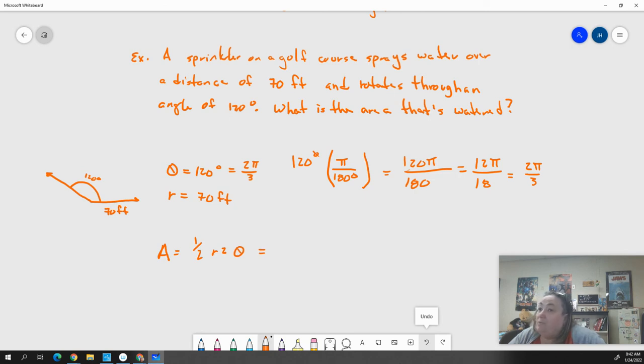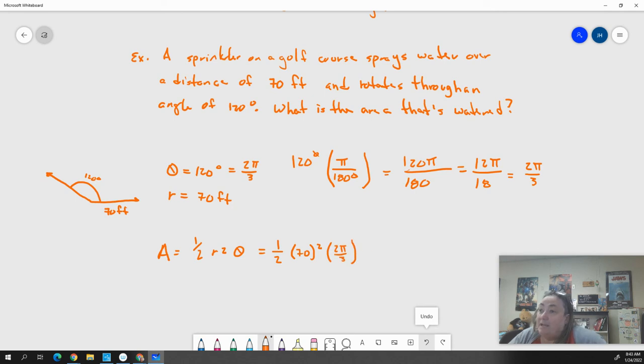We know that our theta is 120, 2 pi over 3. We know our radius is 70. And now we just have to do the math. We go 1/2 of r squared. Well, that is going to be 70 squared times theta, which is just 2 pi over 3.